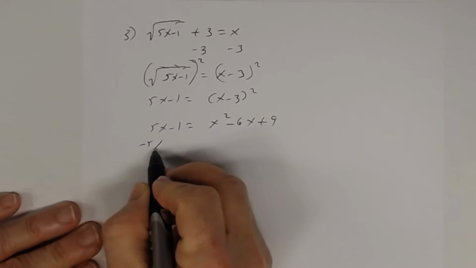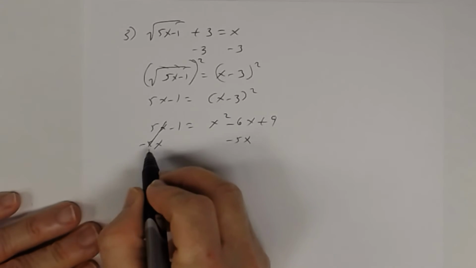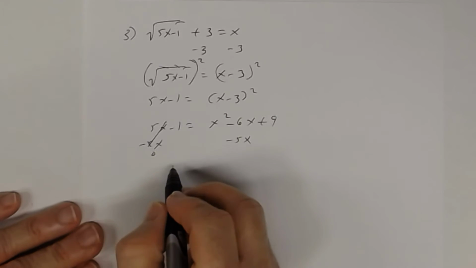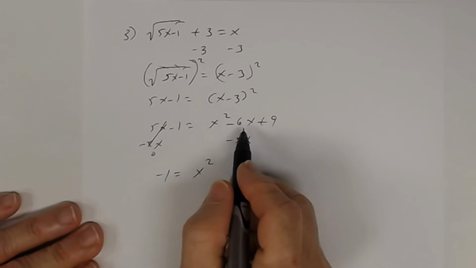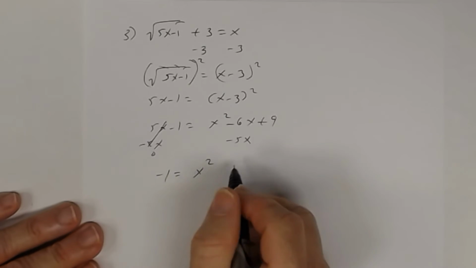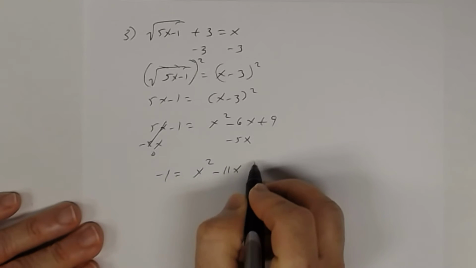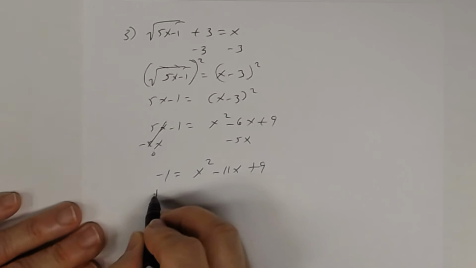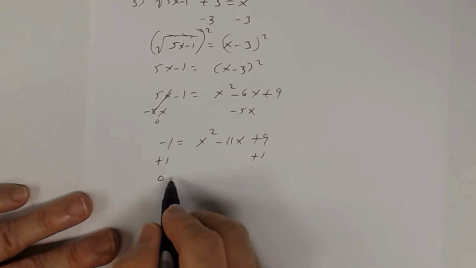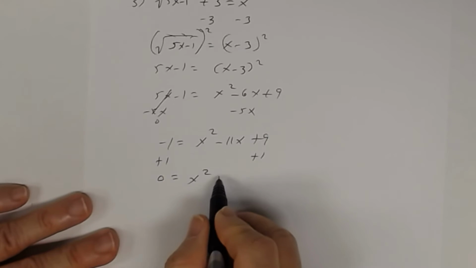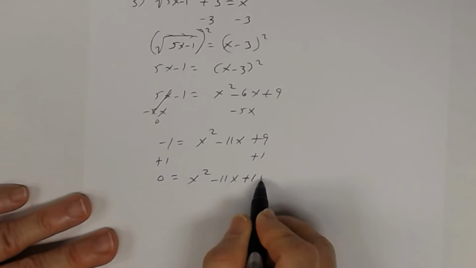So I'm going to subtract 5x from both sides. 5x minus 5x is 0. 0 and negative 1 is a negative 1 equal x squared. A negative 6x and a negative 5x is a negative 11x, and then plus 9. Adding 1 to both sides, negative 1 plus 1 is 0. That's what you needed. Equals x squared minus 11x plus 10.